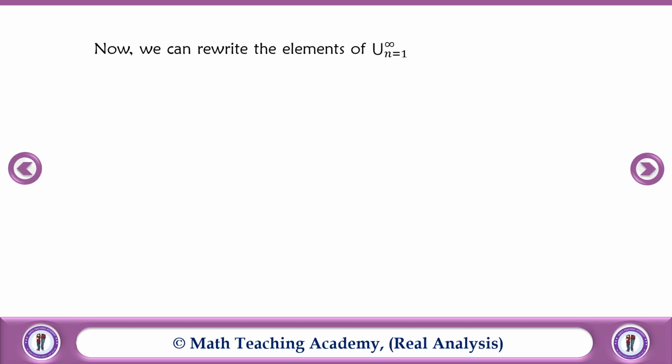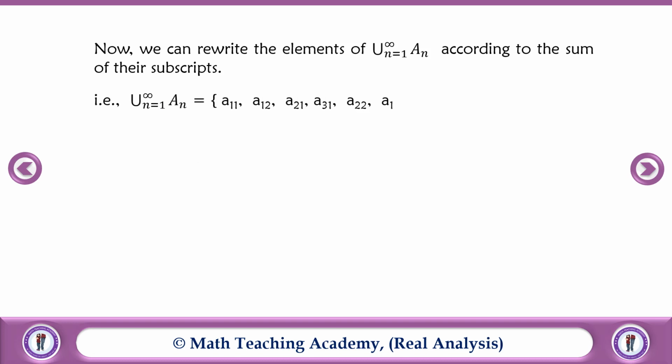Now, we can rewrite the elements of the union of An according to the sum of their subscripts. That is, the union of An is equal to the set of all elements A11, A12, A21, A31, A22, A13, etc., A1n, etc.